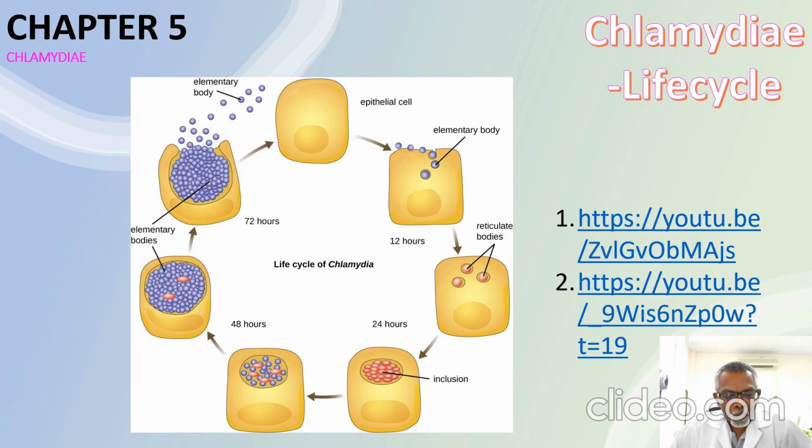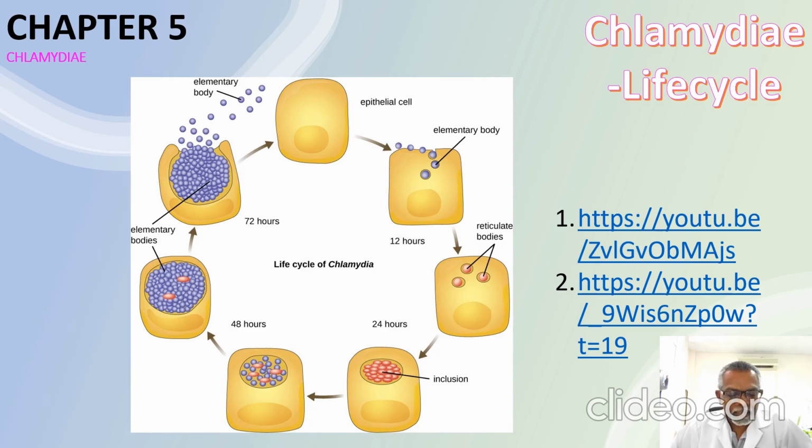In a matter of hours, the main alimentary body will start replicating to form many reticulate bodies, in short RB. Now the core of the invaded cell becomes smaller as EBs and RBs increase.